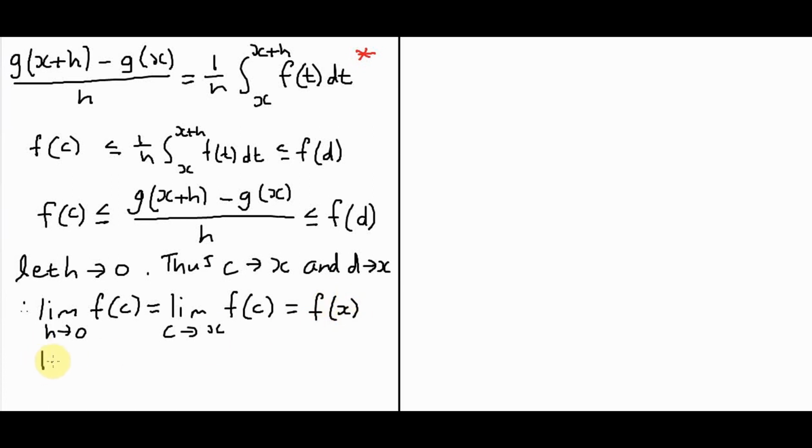Similarly, the limit as h approaches 0 of f of d will equal the limit as d approaches x of f of d, and this will equal f of x.